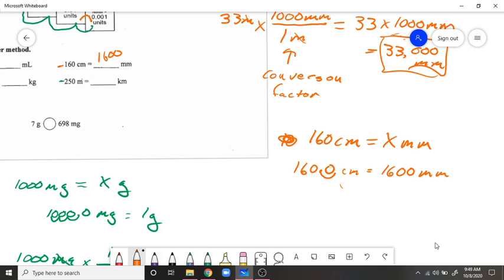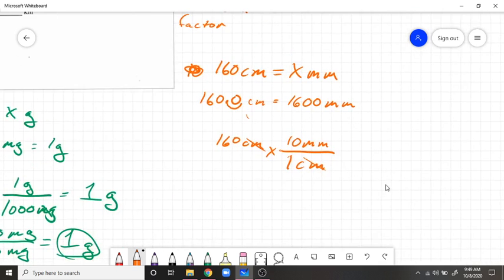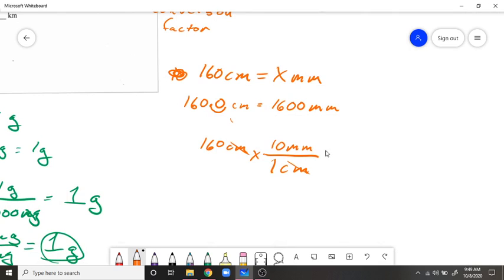Let's check that with math. We have 160 centimeters times 10 millimeters for 1 centimeter. My centimeters cancel out. And now my equation is 160 times 10 millimeters is going to be equal to 1,600 millimeters.